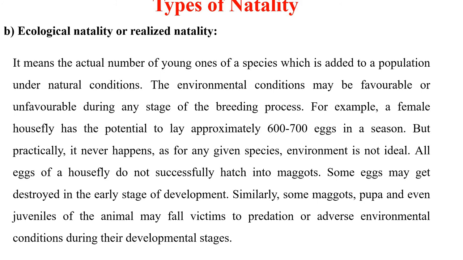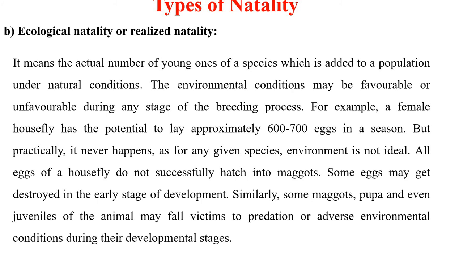For example, a female housefly has the potential to lay approximately 600 to 700 eggs in the particular breeding season. But practically, it never happens as far as any given species is considered. Environment is not ideal. All eggs of the housefly do not successfully hatch into maggots.